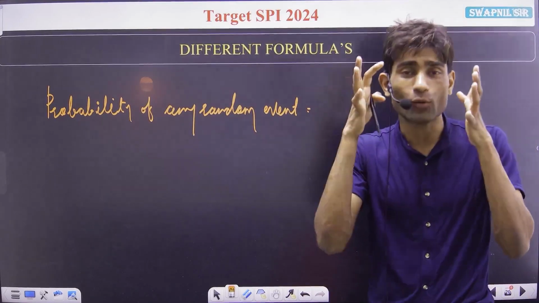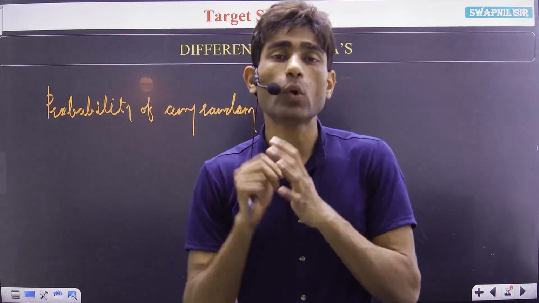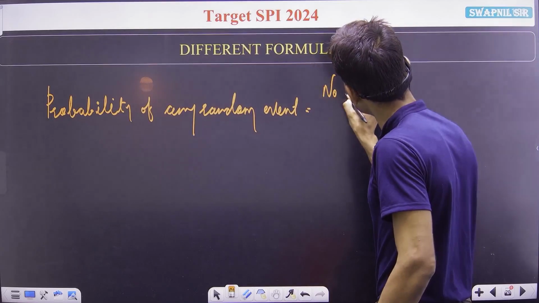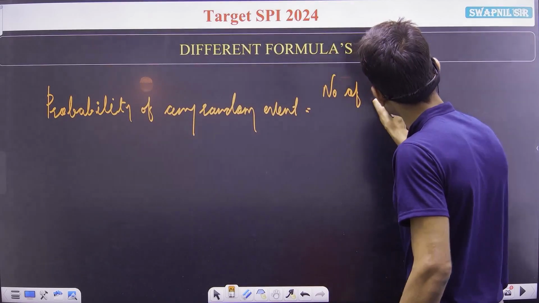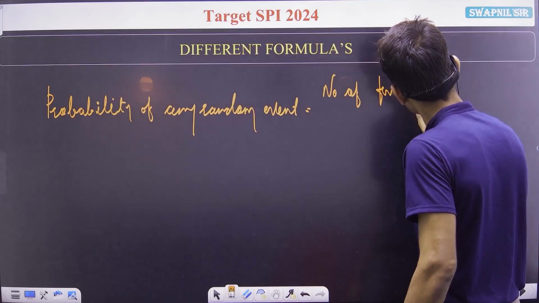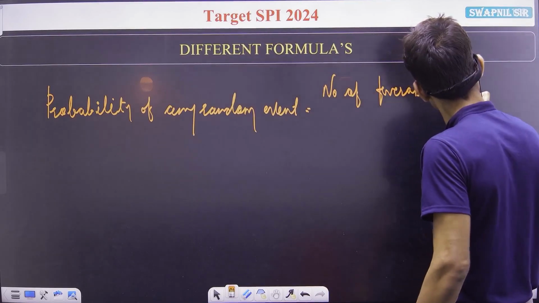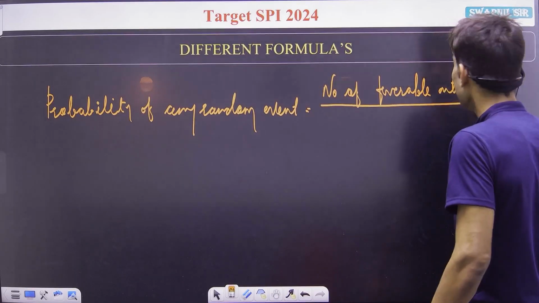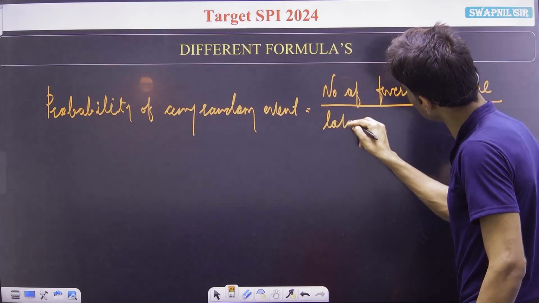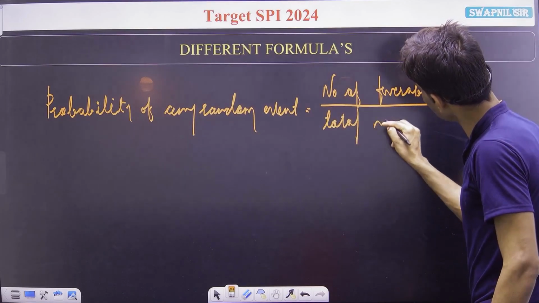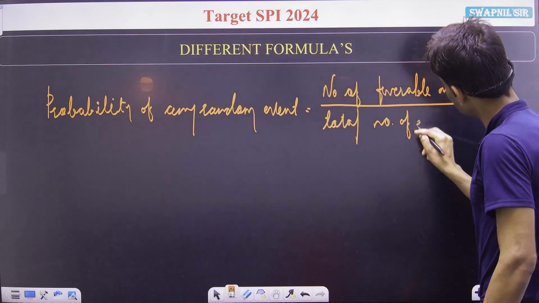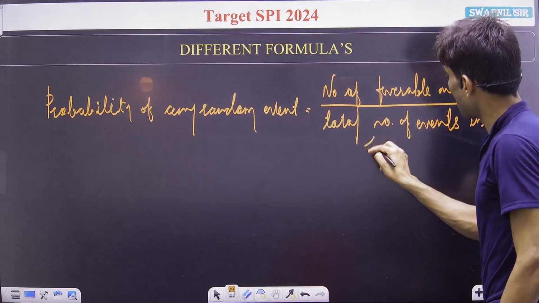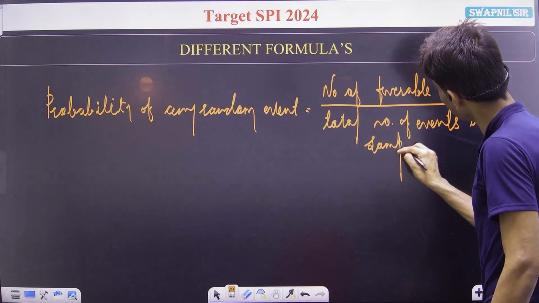The number of favorable outcomes that we are going to consider over a sample space. So we write the number of favorable outcomes divided by the total number of events in the sample space.